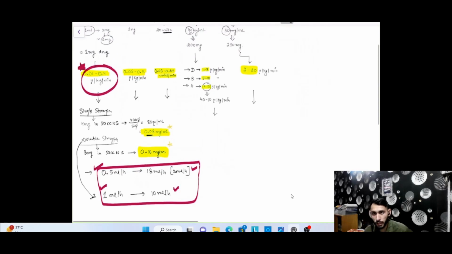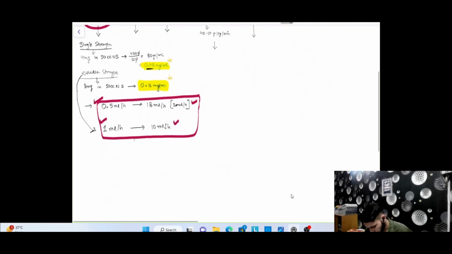Taking the range 0.01 to 0.04, let me take an example. Just suppose we have a 60 kg man.